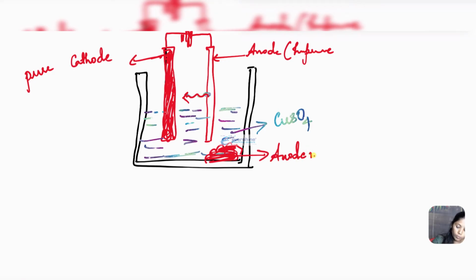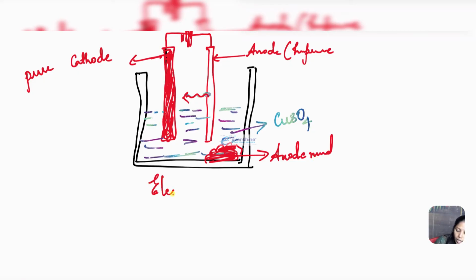That is called anode mud. This is how metals like copper, zinc, tin, nickel, silver, every metal can be refined by passing electricity. This is called electrolytic refining.